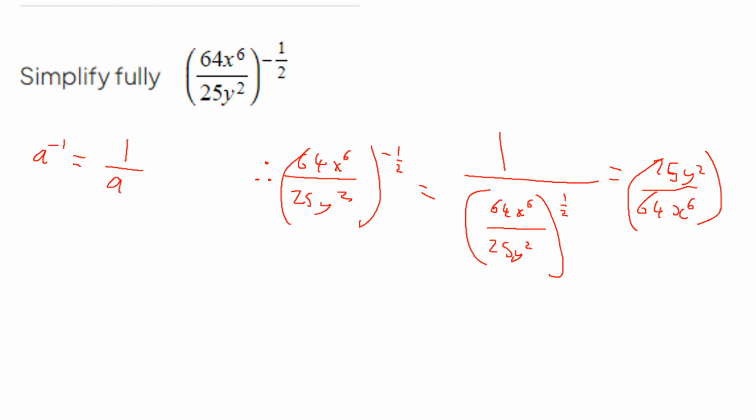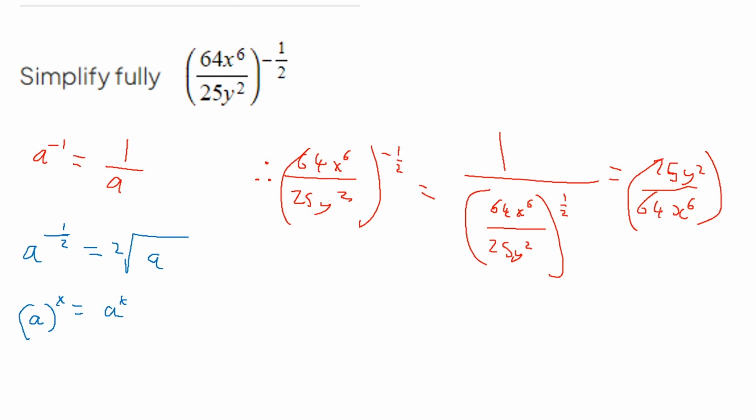Now, remember that whenever we have a to the half, it's going to be equal to the square root of a, and also, by extension, a to the b, all to the power of x, is the same as a to the bx.